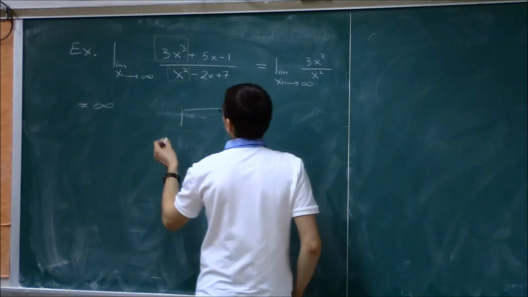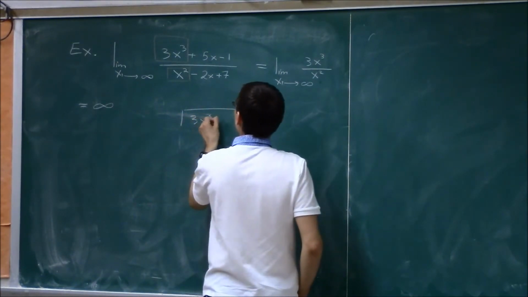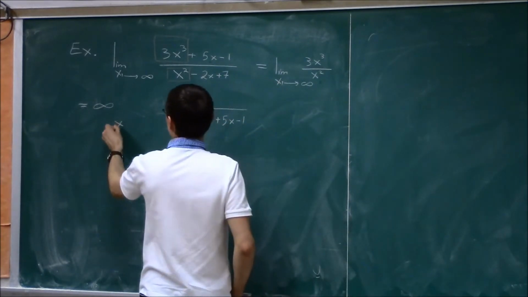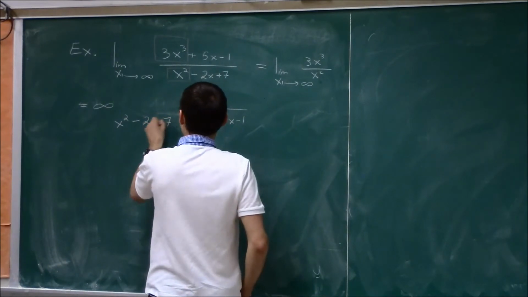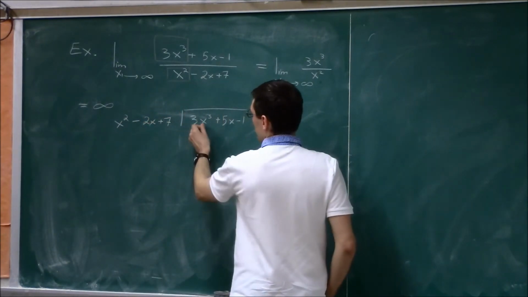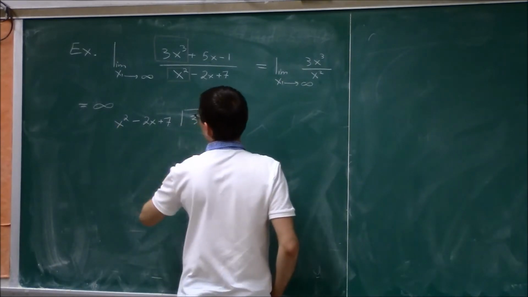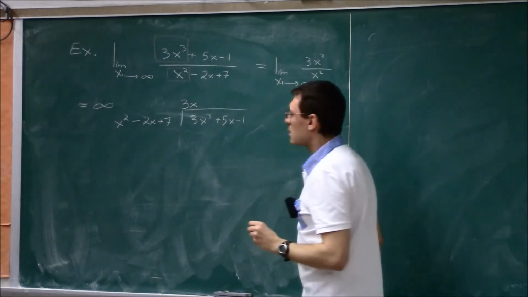So let's see what happens if I write here 3x cubed plus 5x minus 1, and I divide it by x squared minus 2x plus 7. So first of all, I need to multiply this by something to get 3x cubed. So I multiply it by 3x.